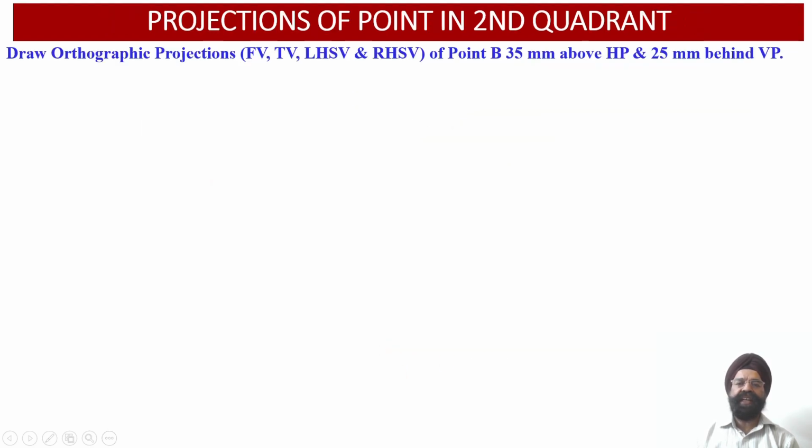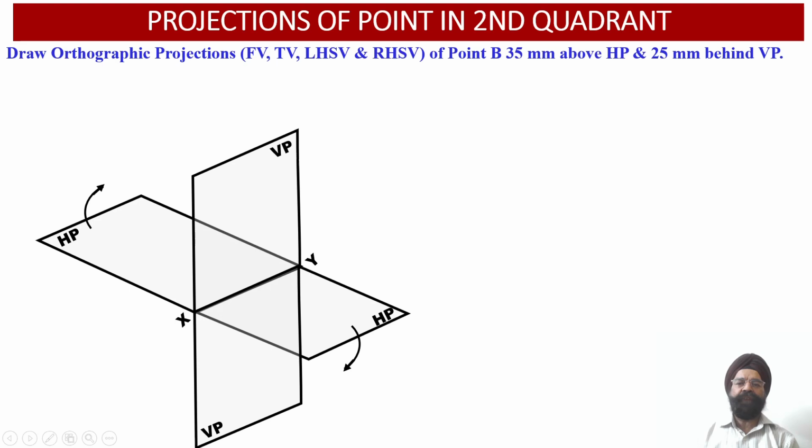So let us discuss the orthographic projections of a point B which lies 35 millimeter above the horizontal plane and 25 millimeter behind the vertical plane, in the second quadrant. So we have located point B in quadrant number 2.